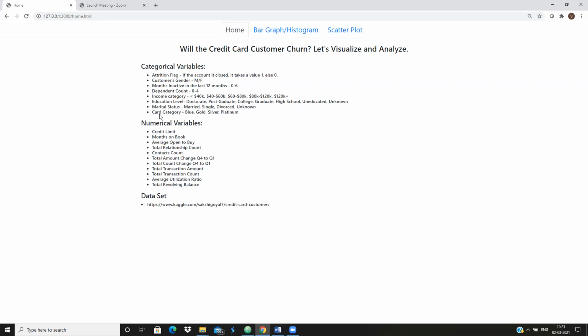We also have a couple of numerical variables here, like credit limit, which is the maximum amount a customer can spend using the credit card. We also have the months on book variable, which is the number of months that the customer is with the bank. We also have the average open to buy.